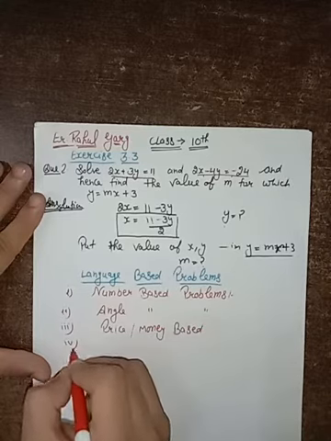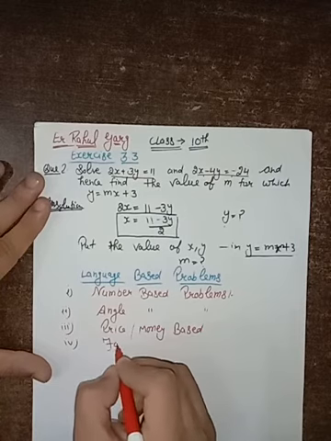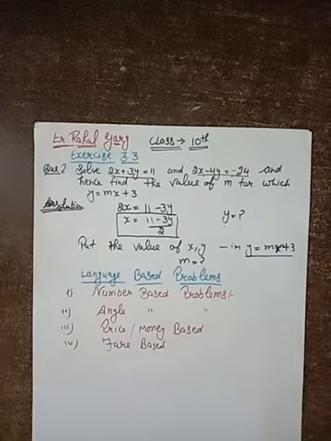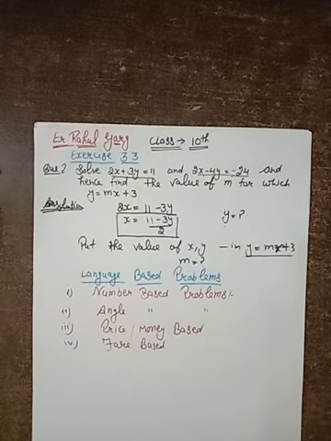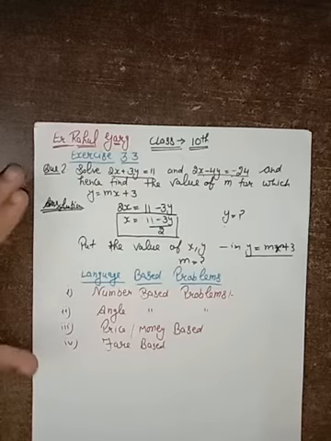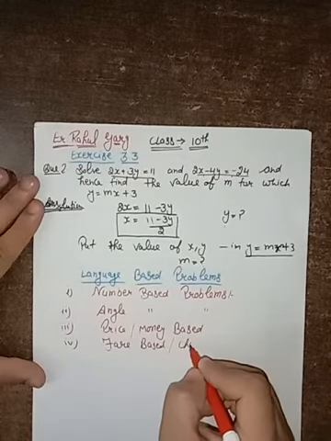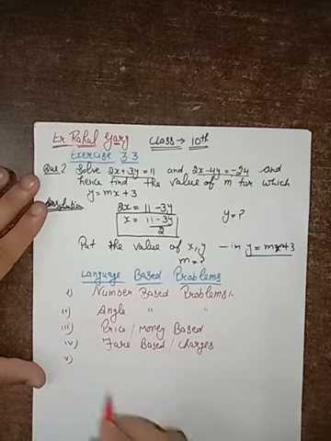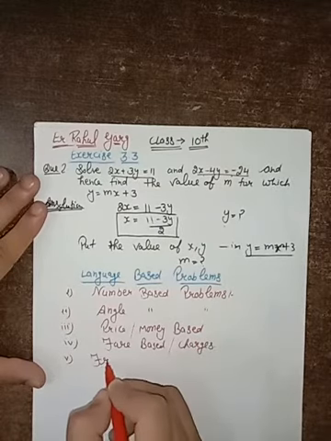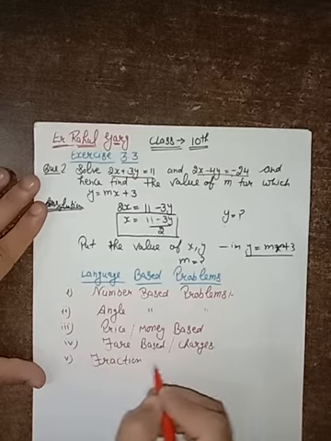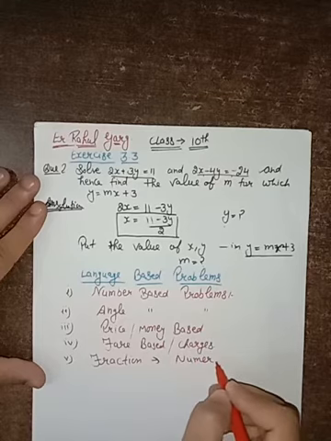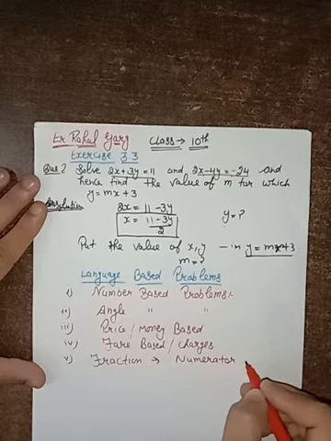Now the fourth one is fare-based or charge-based, like taxi-type problems in which there is a fixed charge, or maybe it is a rent type, property rent type problems, or charges based. And our fifth problem is based on fractions, in which we will deal with numerator and denominator.